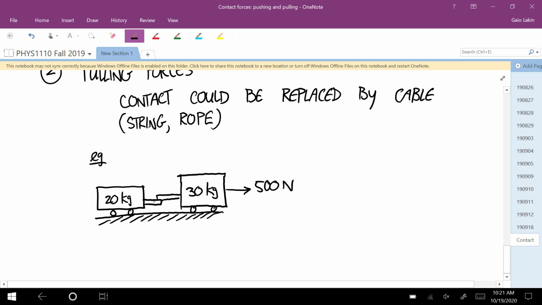But in this particular application, you could replace that coupling system with a strong string, and all the same stuff would happen. The 500 Newton force would pull the 30 kilogram cart to the right, and that would pull the 20 kilogram cart to the right. So this is a pulling force.